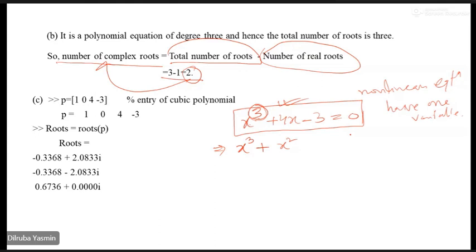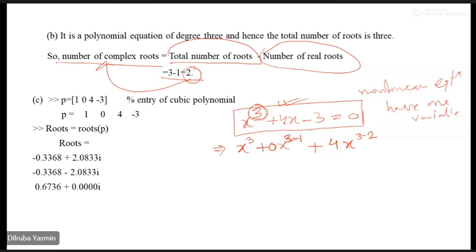So let me do it for you. 3 minus 1, that is multiplied with 0. So do you get any difference? 4 times x to the power 3 minus 2, that means you get x to the power 1.